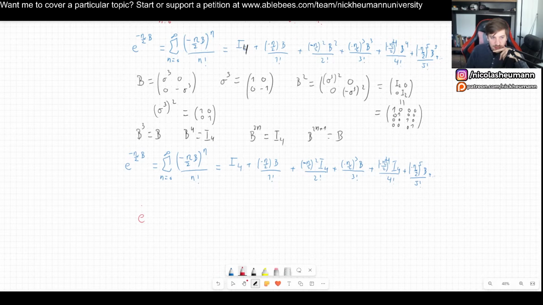So we are going to have that e to the minus eta over 2 b is going to be equal to, so we have the ones where we factor out the identity, where we get, well, another case of the identity, plus minus eta over 2 squared divided by 2 factorial plus minus eta over 2 to the 4th divided by 4 factorial, and so on and so forth.